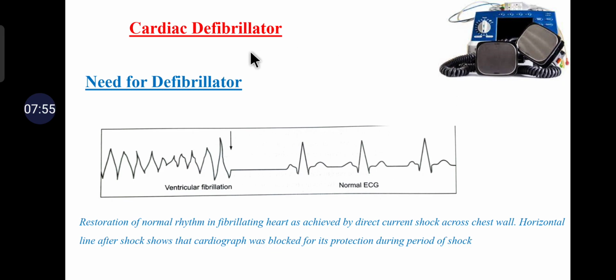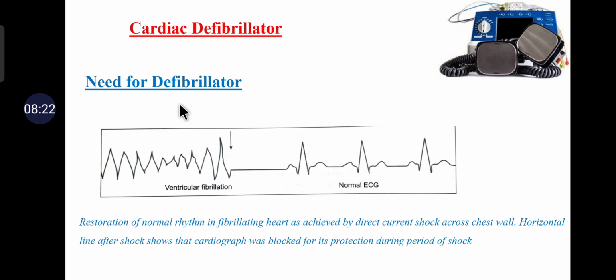Next, coming to the cardiac defibrillator. Before discussing the different types of defibrillators, we are going to discuss why we need this kind of defibrillator. Ventricular fibrillation is a serious cardiac emergency resulting from asynchronous contraction of the heart muscles.